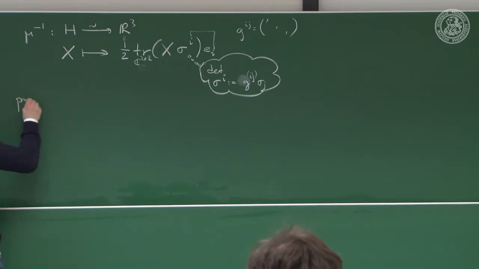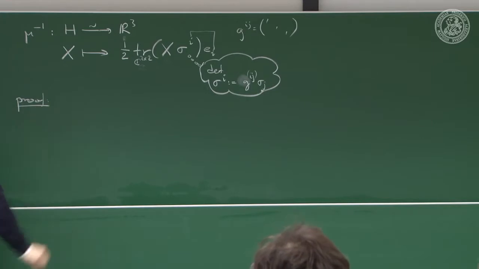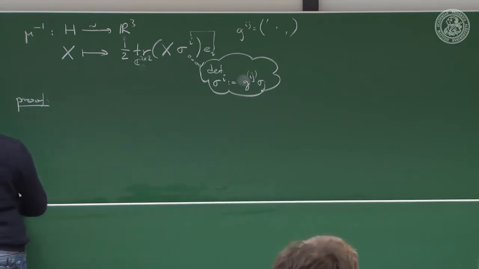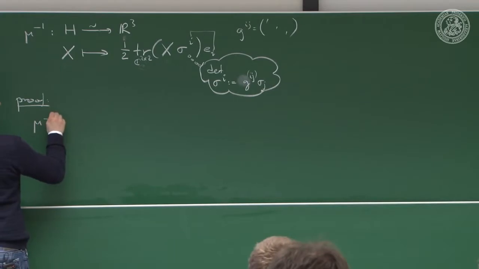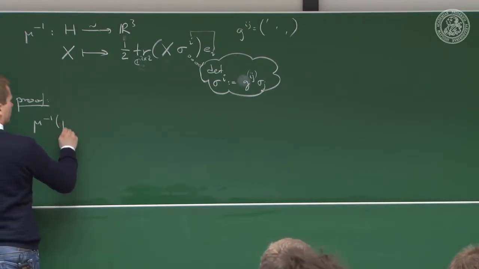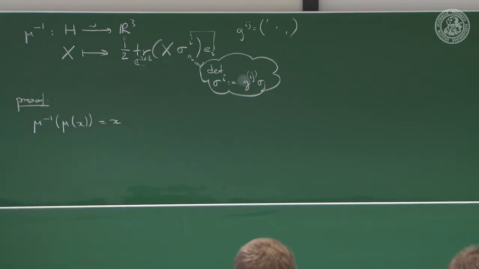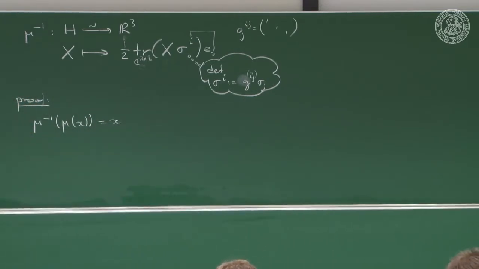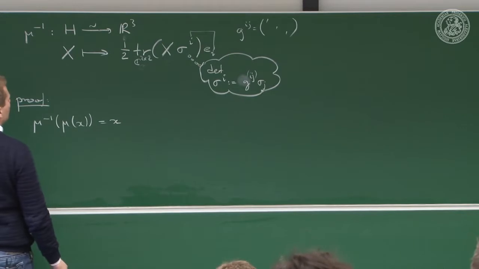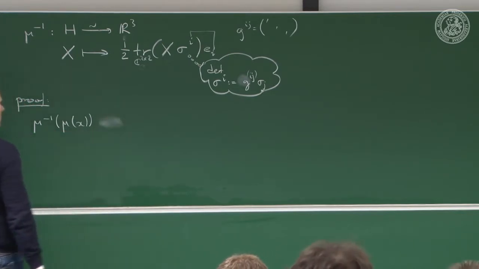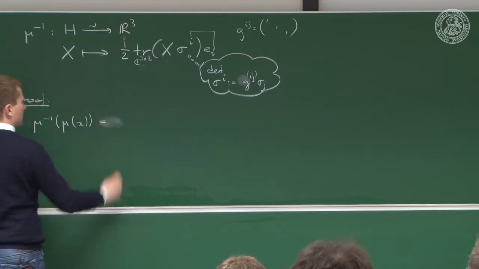Now let's quickly check whether this can be true, whether this is what we want. So we should check that something like mu inverse of mu of a little x recovers the little x, right? And the other way around. Well, let's quickly write this down. So we don't want to assume this yet. We calculate it.